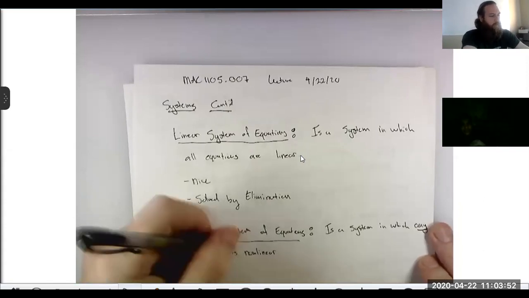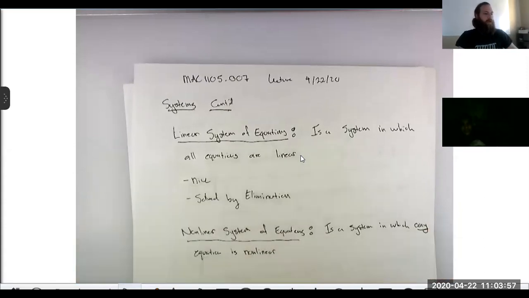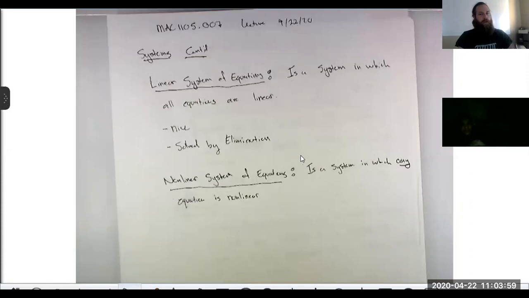All sorts of things can make an equation nonlinear, like just having one variable raised to the power 2, or having one variable under a radical, or having any variables downstairs in a fraction, or having any variable raised to any power other than 1.